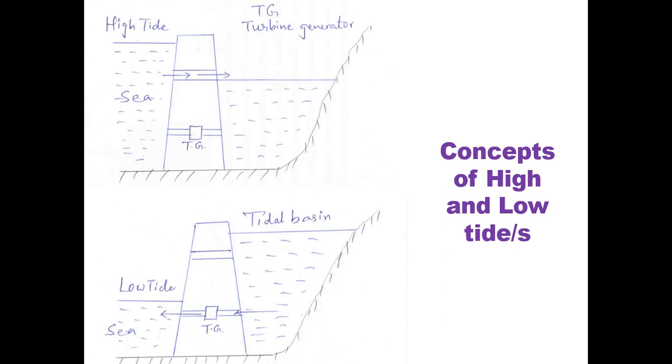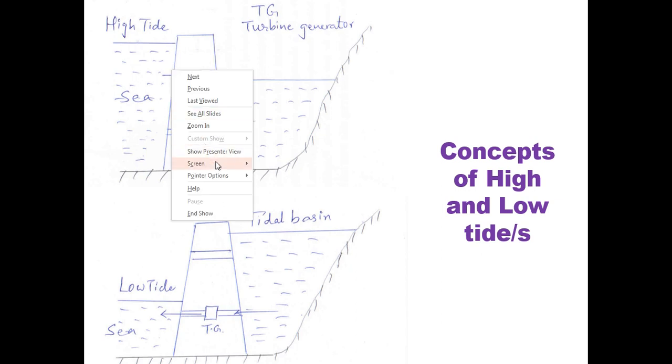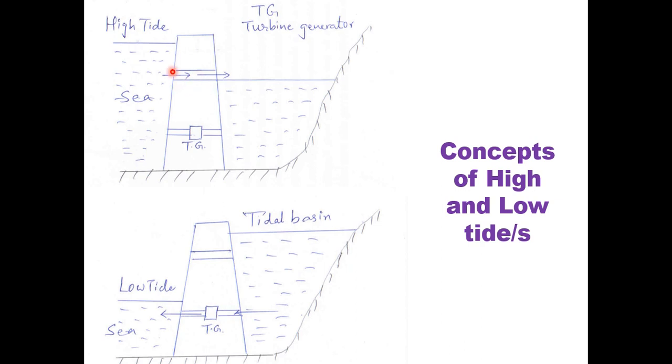Now if we talk about the high tide and low tide concept, we have the gate known as the sluice gate over here. This sluice gate is opened and closed depending upon the area of the basin, and according to that the dam height will be selected.